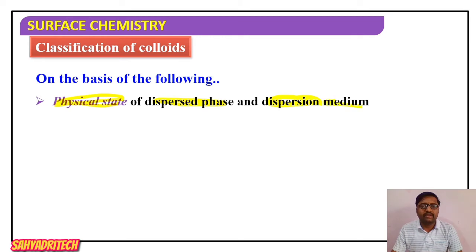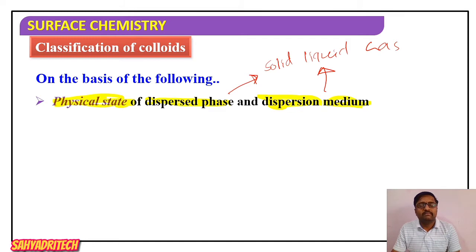Physical state, as we know, may be solid, liquid or gas. So the dispersed phase may be solid, liquid or a gas. Similarly, the dispersion medium may be a solid, liquid or a gas. So overall, based on the physical state of dispersed phase and dispersion medium, colloids can be classified. This is one way, please remember.